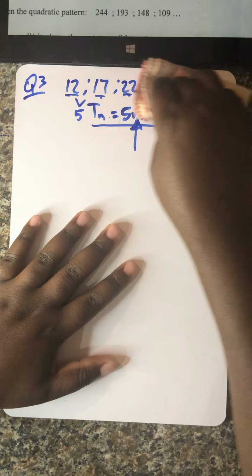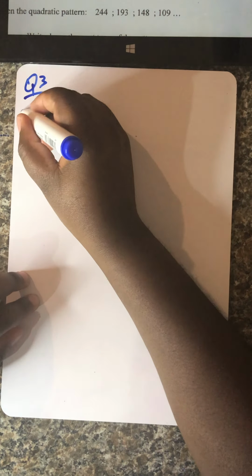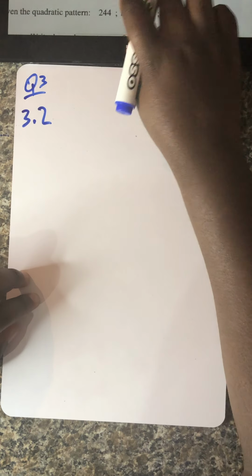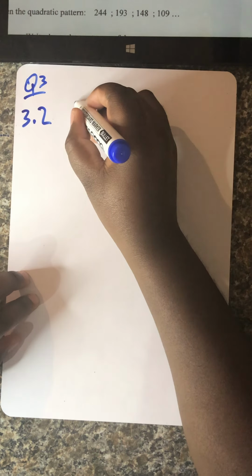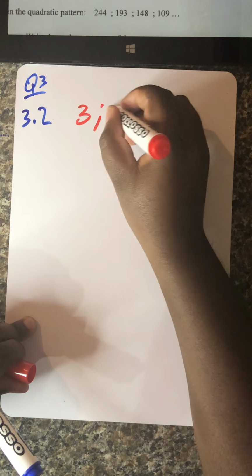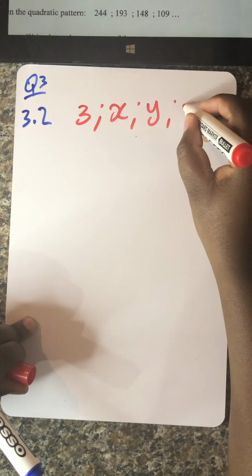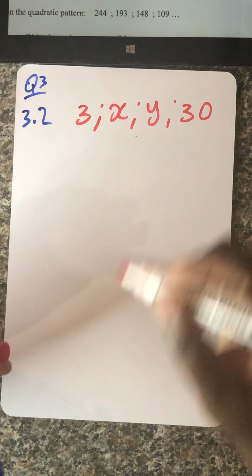Guys, I think I will just remove all of that because we are now embarking on a new question, which is 3.2. So you're given a linear pattern as 3x, y, and 30.